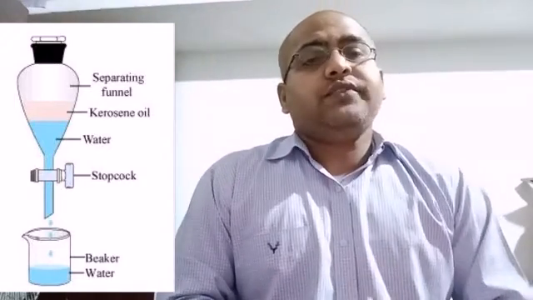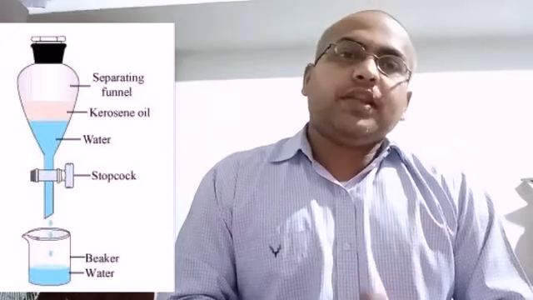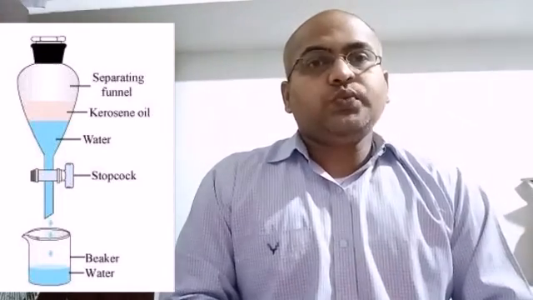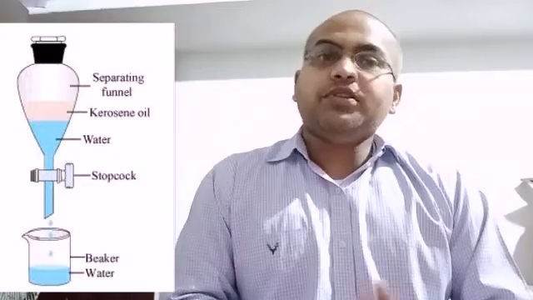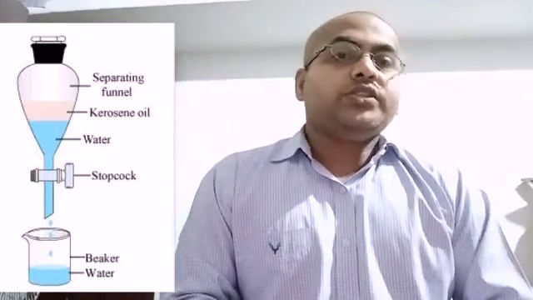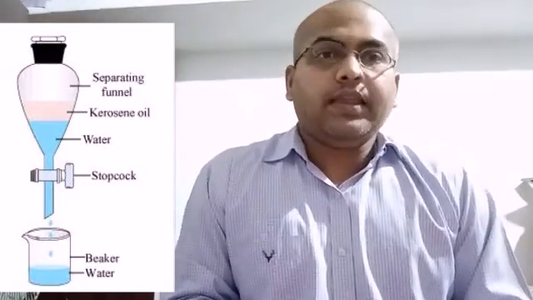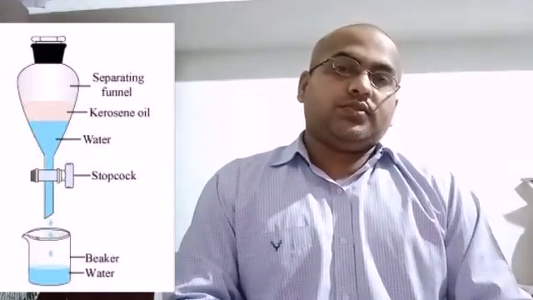So in this lecture we have to understand immiscible and miscible liquids. Miscible liquids are those which are soluble in water, and immiscible liquids are those which are not soluble in water. They form a separate layer above the surface of water.